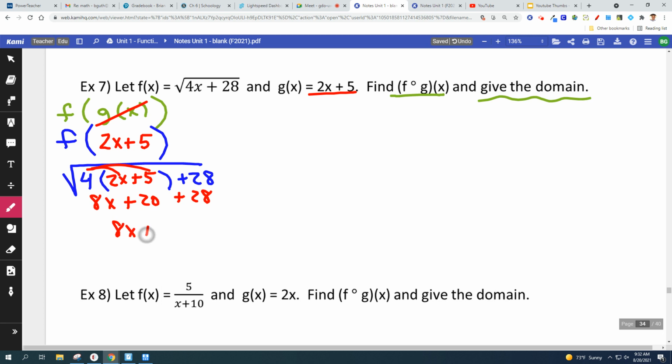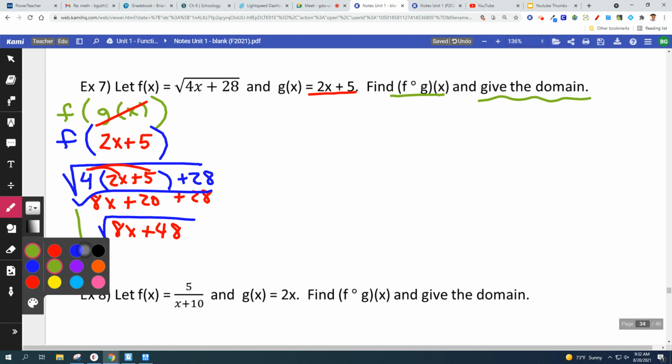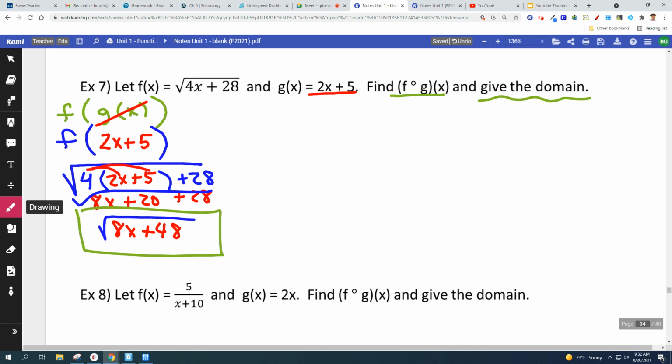That's 8x plus 48. Don't forget about the square root. Technically, we could simplify that because both of those are divisible by 4, but I'm not worried about that at this point. Okay, square root of 8x plus 48. That's the value, but now we need to give the domain.